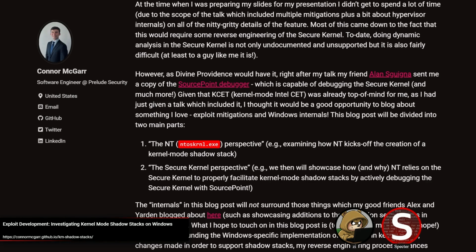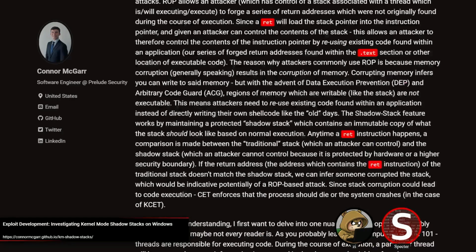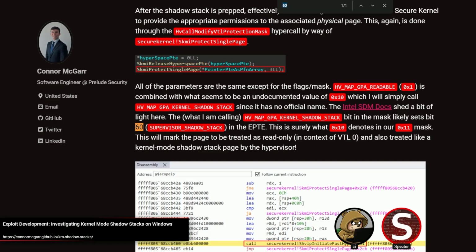And it seems that as part of Intel CET, there's a new flag that was added into page table entries, bit 60, which I believe was a reserved bit. It kind of had to have been. If you set bit 60, it marks the page as a shadow stack page. And they use a secure call to get bit 60 set in the extended page table entries for VTL 0.